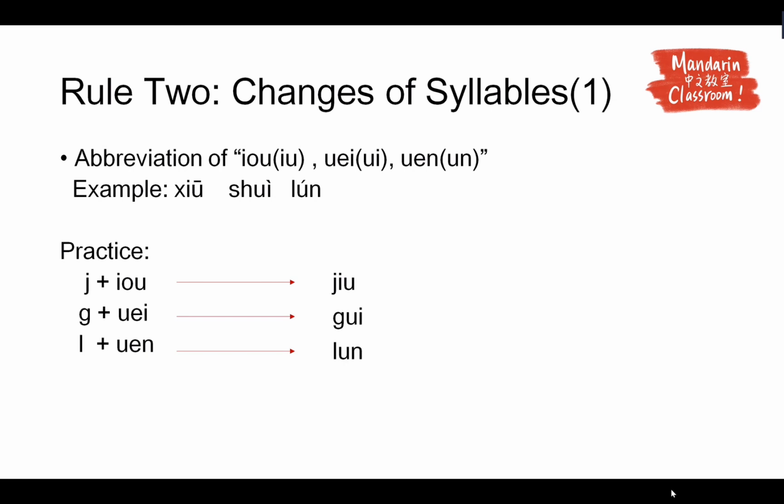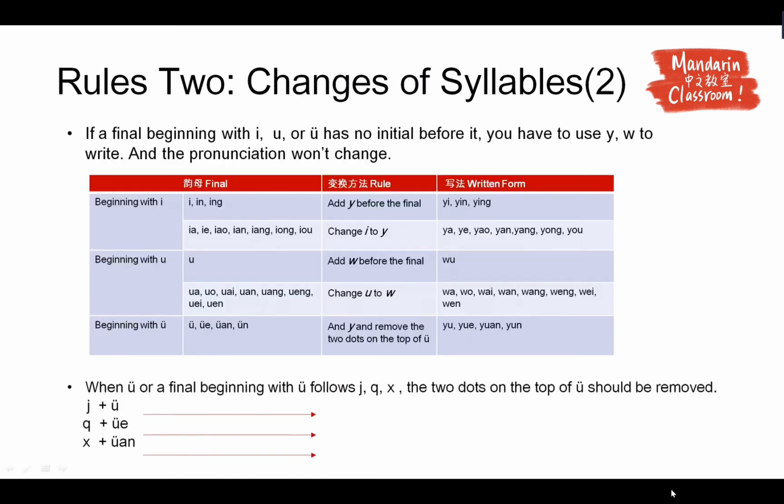Well, so that's the rule of part 1. And then we're going to learn part 2. If a final beginning with i, u, or ü has no initial before it, you have to use y and w to write, and the pronunciation won't change. I have 2 points to emphasize.